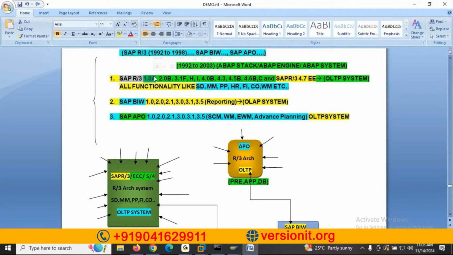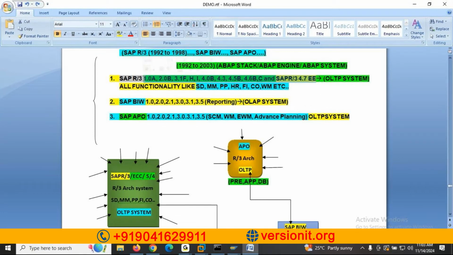As 1.0A, 2.0B, then SAP R3 4.7 Enterprise Edition.